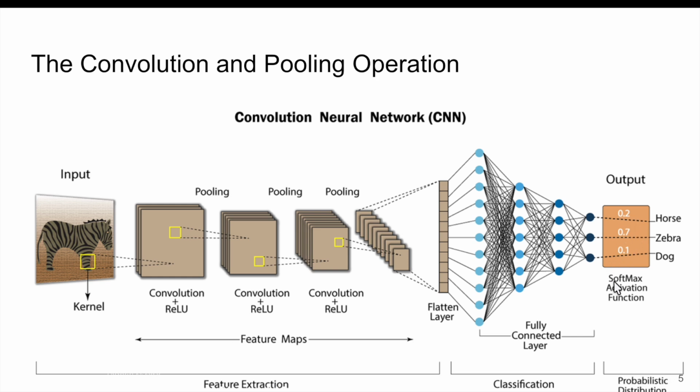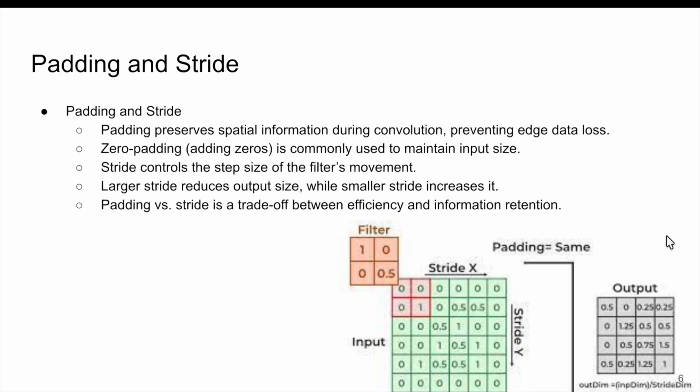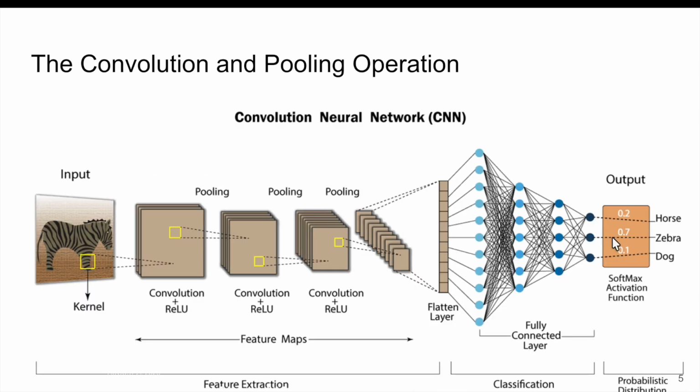So as you can see, a softmax activation function, when applied to it, will give you these probabilities, and since 0.7 has the highest probability, the output is of class zebra, which is the second output. So convolution and pooling operations are basically performed before providing your input as flattened input to the artificial neural network.